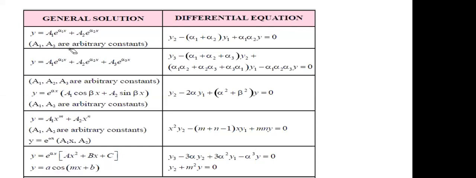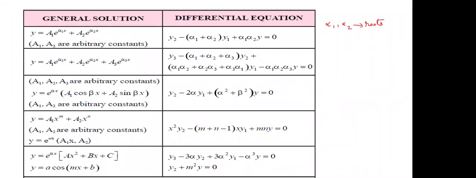How to form the differential equation? This is the shortcut method. y2 minus (alpha 1 plus alpha 2) into y1 plus alpha 1 alpha 2 into y is equal to 0. So here you have to think alpha 1, alpha 2 are roots of the polynomial equation.